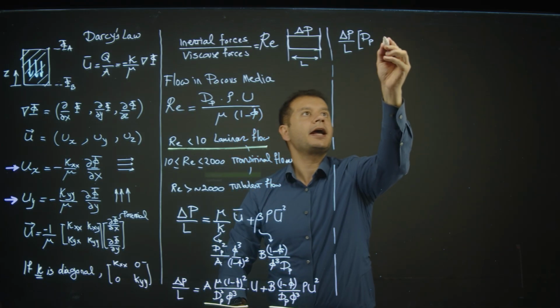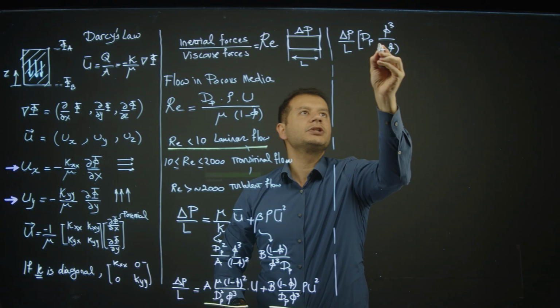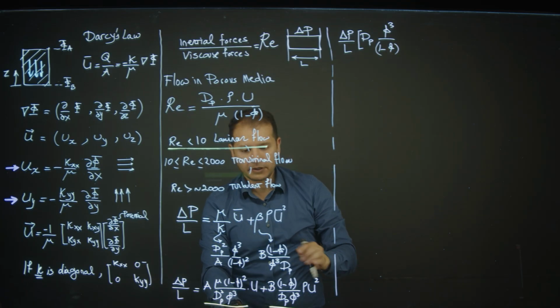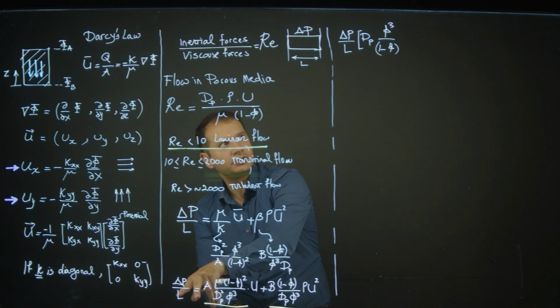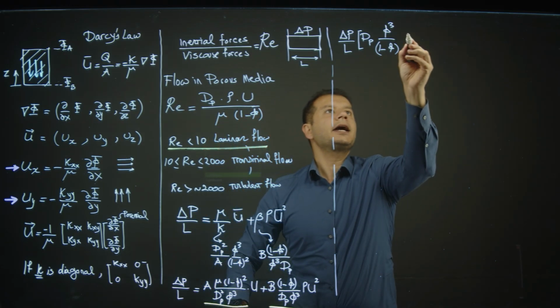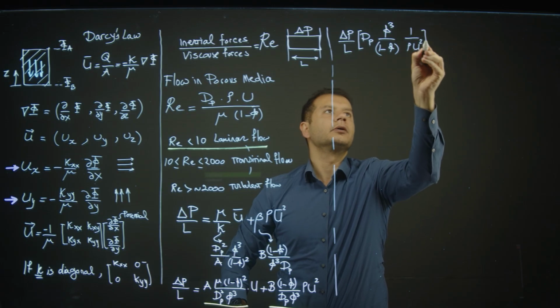Then I have porosity cubic, 1 minus porosity to take. Fantastic, because there is 1 minus porosity at least in all of them, so I can take them all to the denominator. And then I have 1 divided by rho U squared.